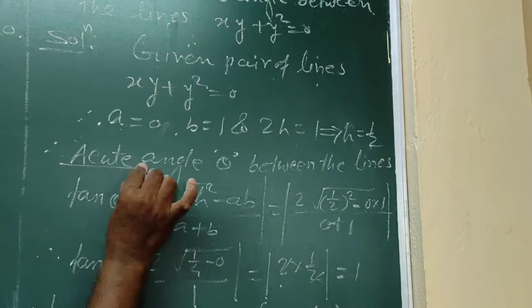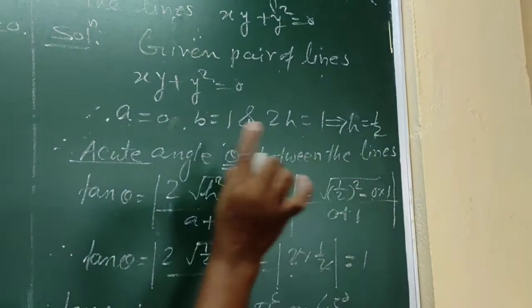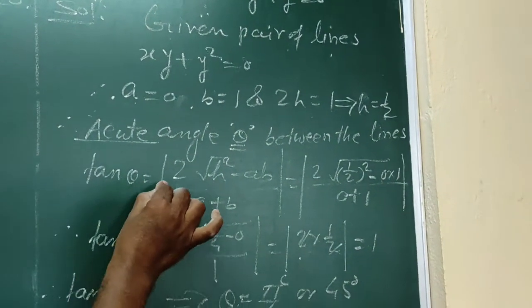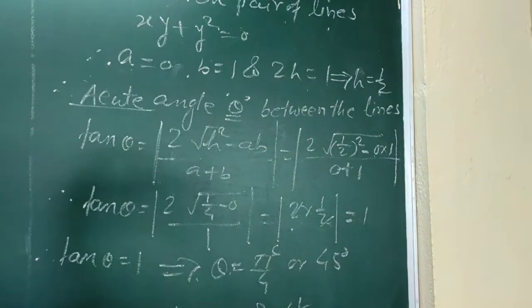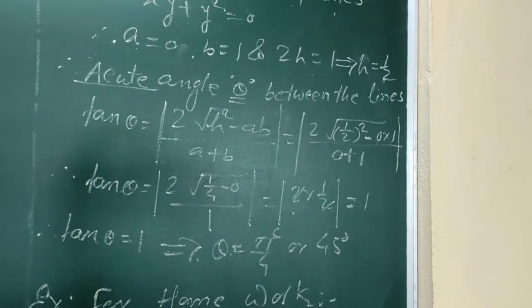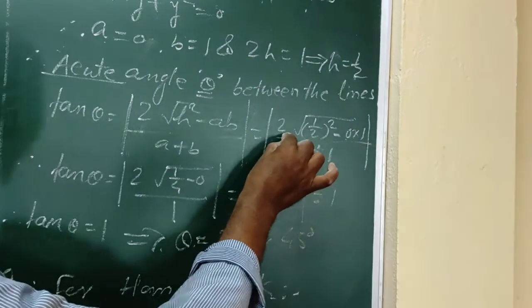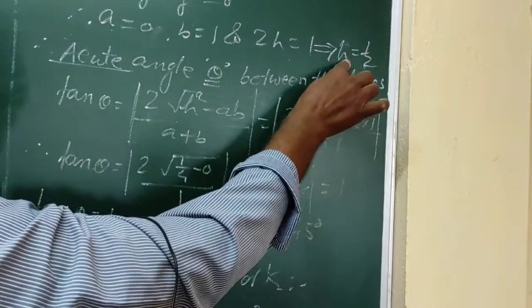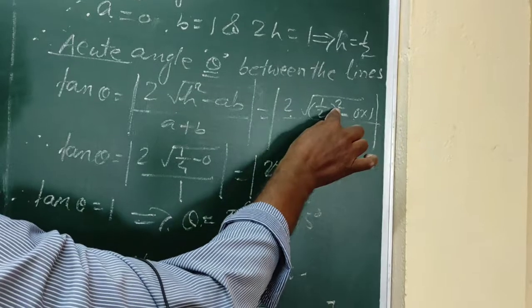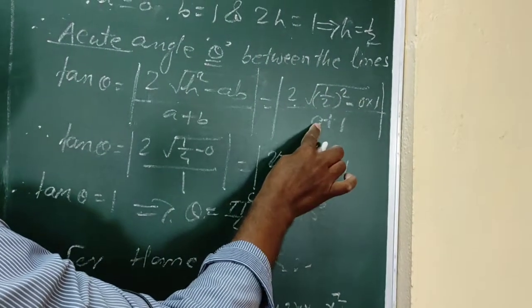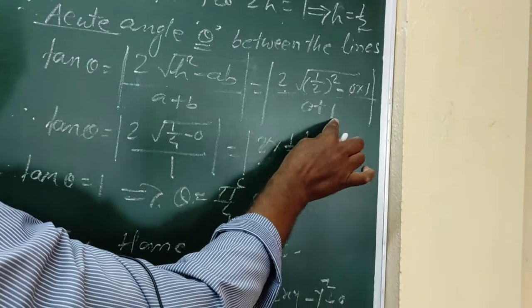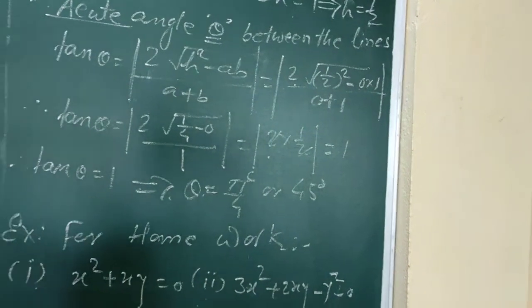So again the acute angle theta between the lines, tan theta is equal to mod of twice square root of h square minus ab upon a plus b. We can use the same formula. We put the values: 2 into value of h, that is 1 by 2 whole square, minus a is 0 and b is 1. a is 0 plus b is 1, so it is 0 plus 1.